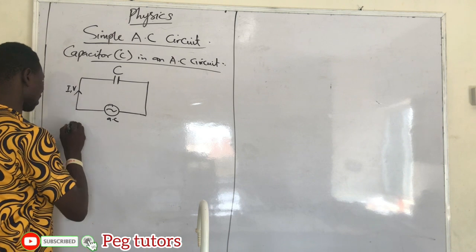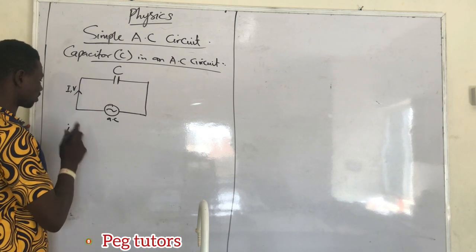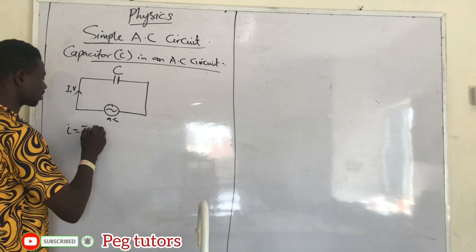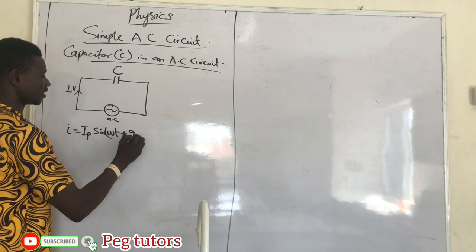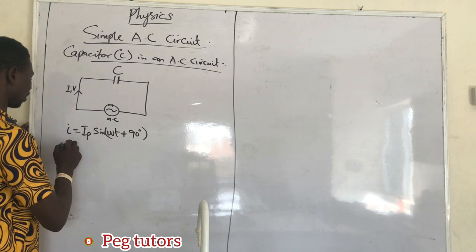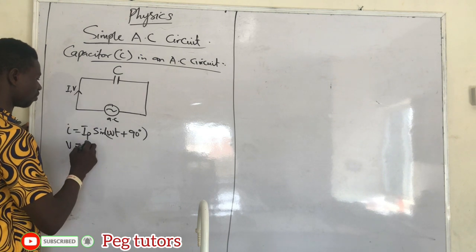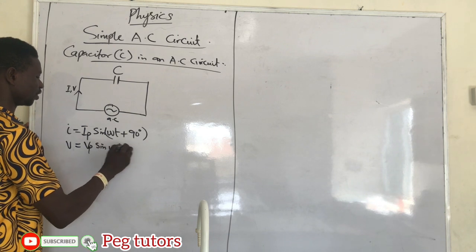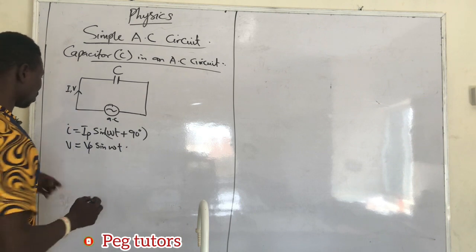So our formula for the AC current now becomes I equals peak current sine(wt plus 90 degrees), while our AC voltage becomes Vp sine wt. So it is like the inverse of when an inductor is connected.